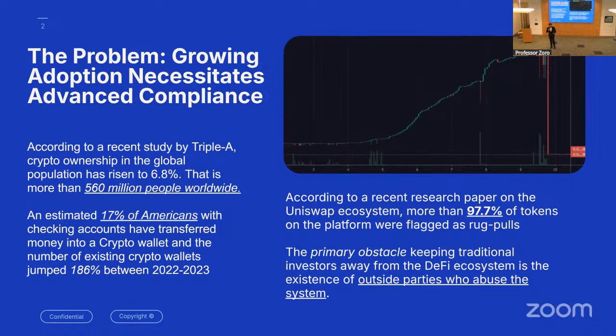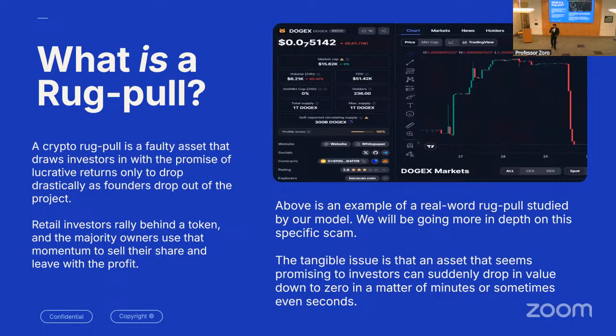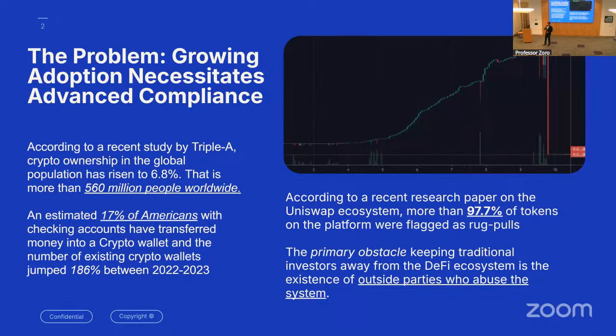This market is moving so fast that it's extremely hard to regulate and extremely hard to track. Given the rapid acceleration and the exponential rate at which this market moves, you will need equally dynamic and equally powerful compliance. Now, let's begin by talking about what a rug pull is. In fact, before we move on to this, let me turn your attention back here to another statistic.